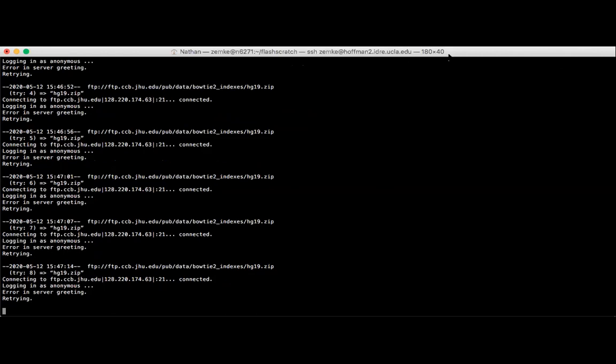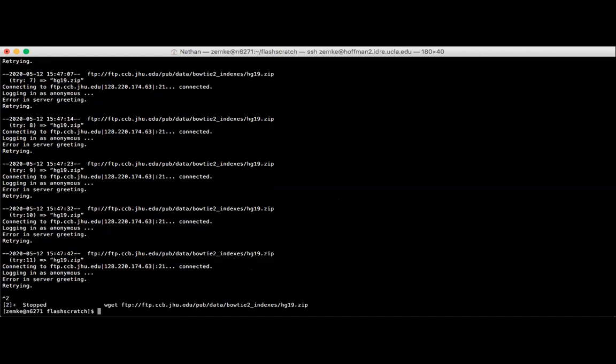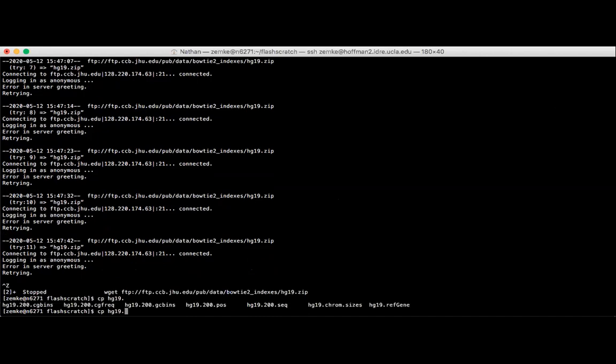Has anybody tried this yet? If so, let me know if you got it to work. Okay, there's something wrong on my end. I've never seen this happen. All right, here's what I'm going to do. I already have them downloaded, so actually maybe I don't.